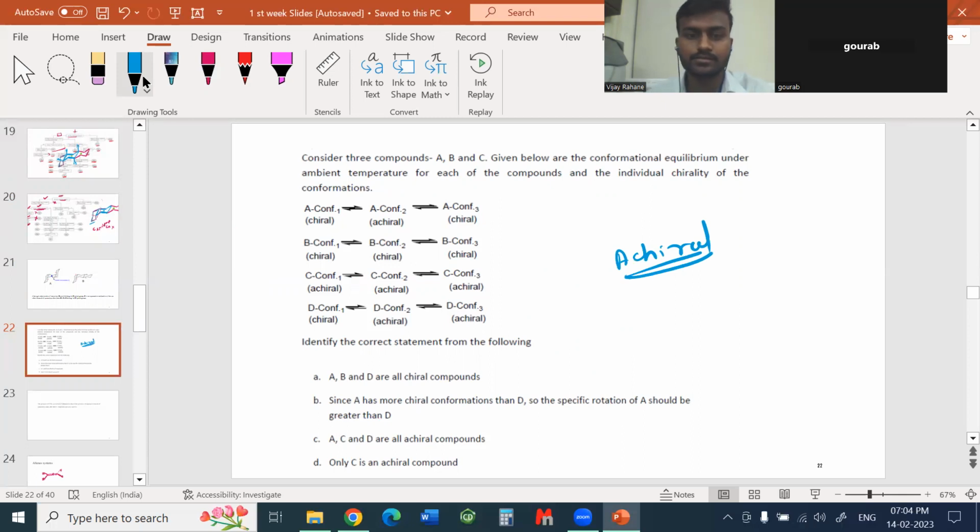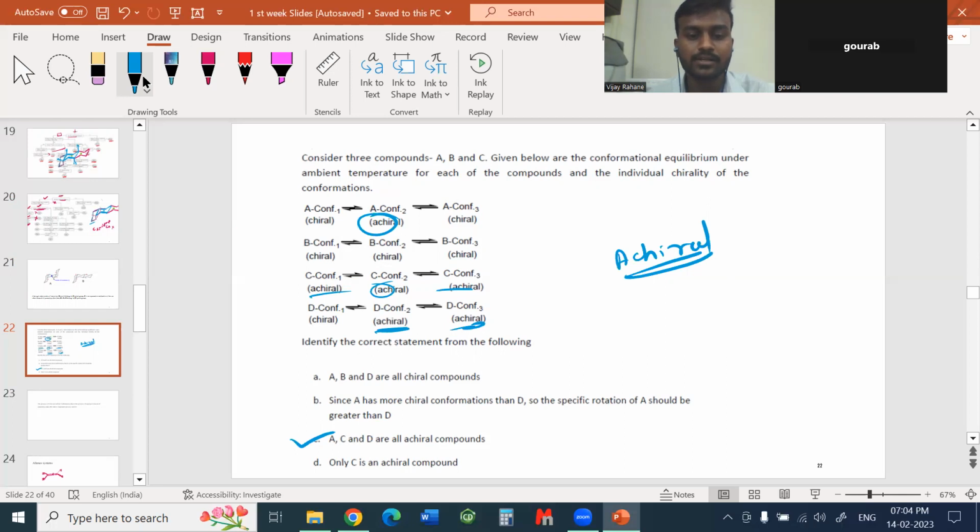So this one is the correct answer, since it has achiral centers, and in this one also achiral is given. So they told us we need to consider all of these, and at ambient temperature they are in equilibrium.